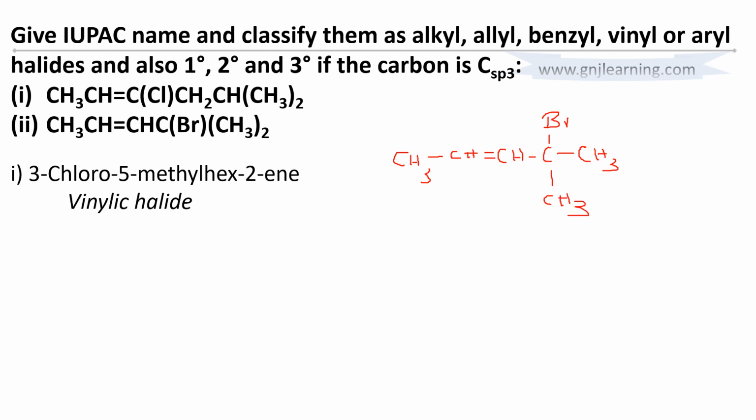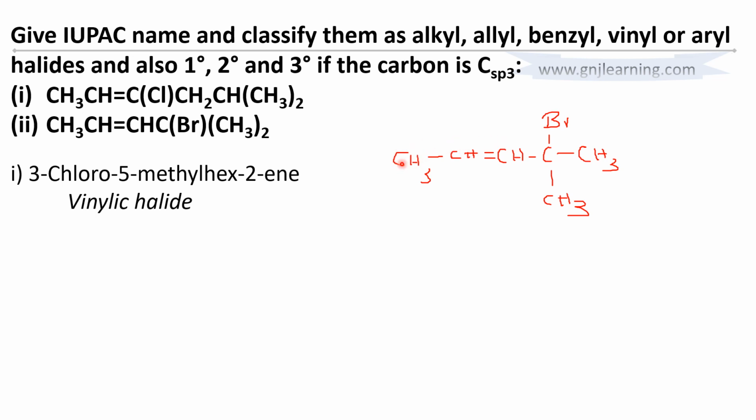Now if I am trying to find out the longest carbon chain, it is 1, 2, 3, 4, 5. If I count it from here, the double bond will be getting the number 3. Counting it from here, it is the second. So I have to count it from here.